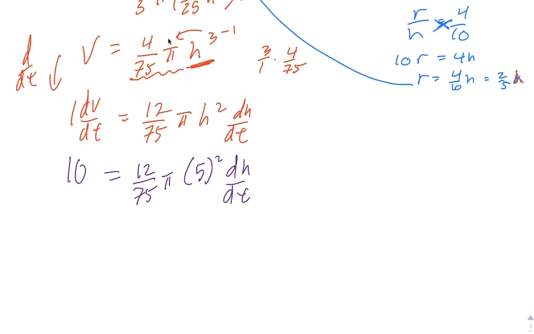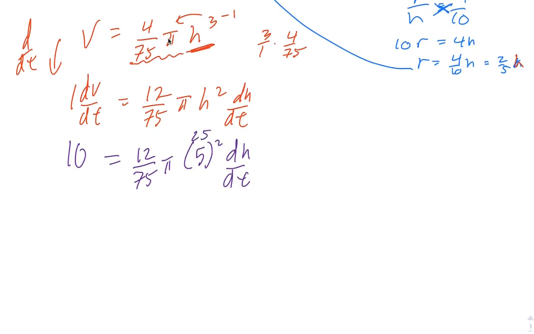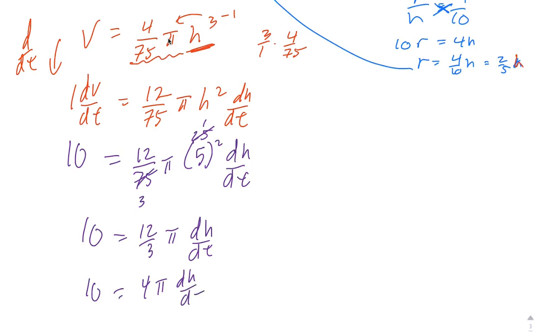Now all I have to do is some math. 25 and 75 reduce. I get 10 equals 12 over 3 pi dh dt. Well, 12 over 3 is 4, so I get 10 equals 4 pi dh dt. Divide by 4 pi, and I get 10 over 4 pi equals dh dt.